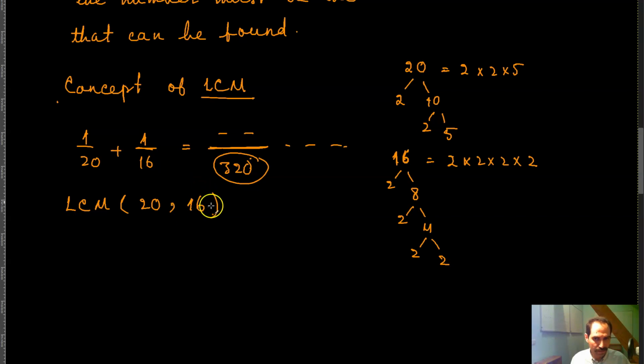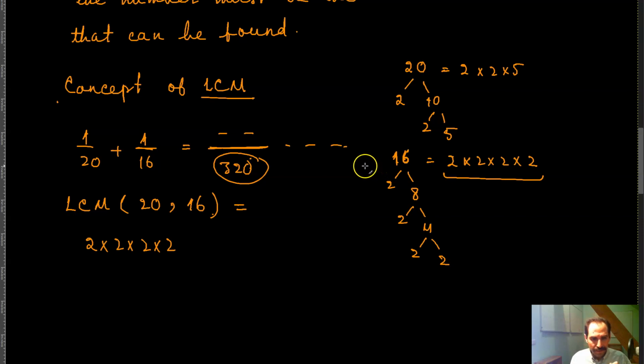One factor of 16 means 4 twos. One factor of 20 means these prime factors here. So the LCM of 20 and 16 is all of these factors. Since I need at least one 16 in that number, I write 2 times 2 times 2 times 2. That takes care of my 16.